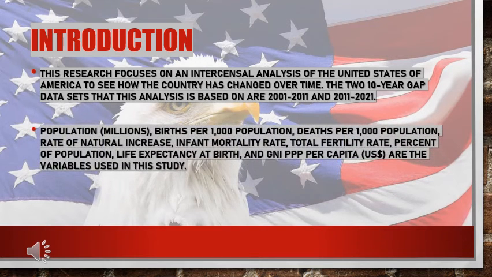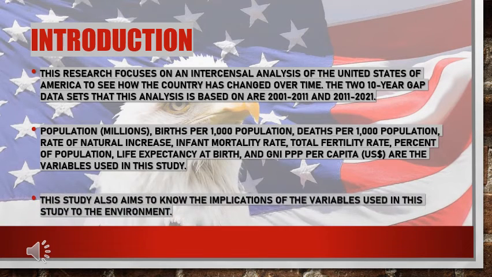Populations, births per 1,000 population, deaths per 1,000 population, rate of natural increase, infant mortality rate, total fertility rate, percent of population, life expectancy at birth, and GNI/PP per capita are the variables used in this study. This study also aims to know the implications of the variables used in this study to the environment.